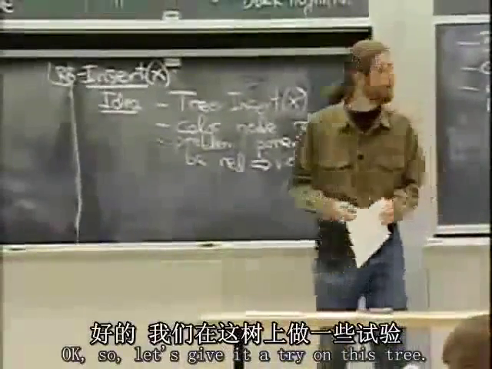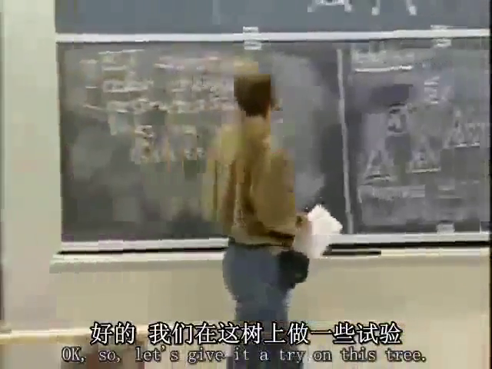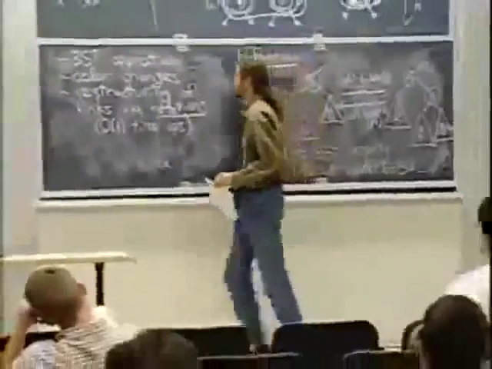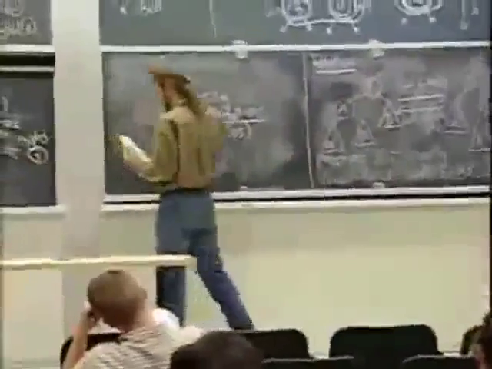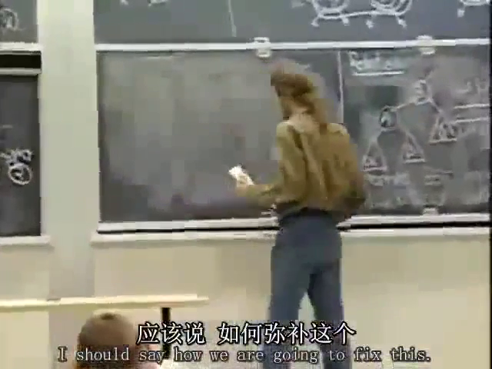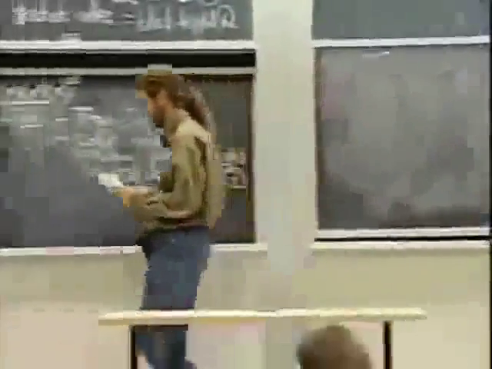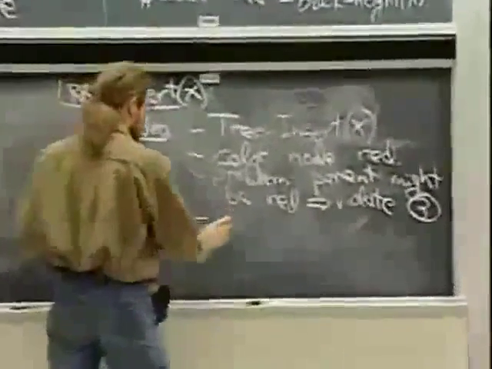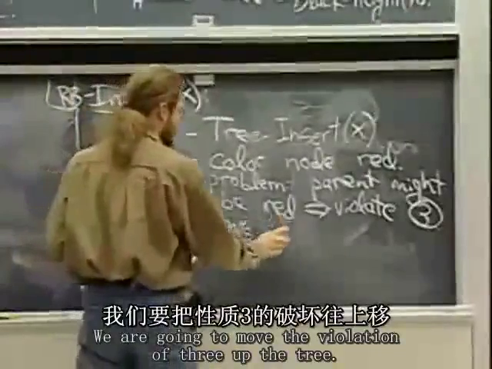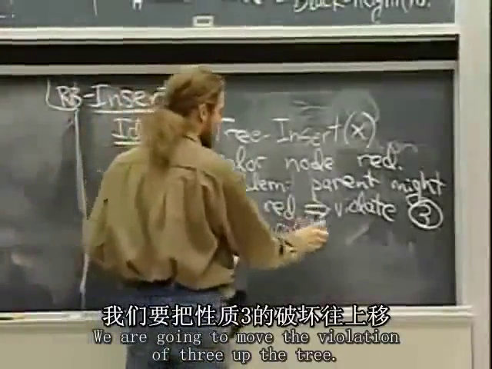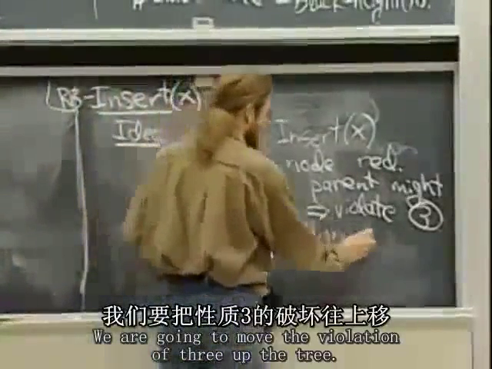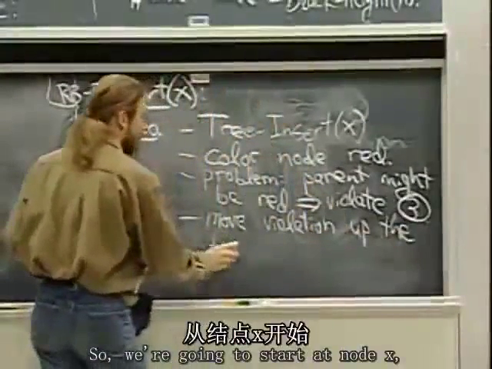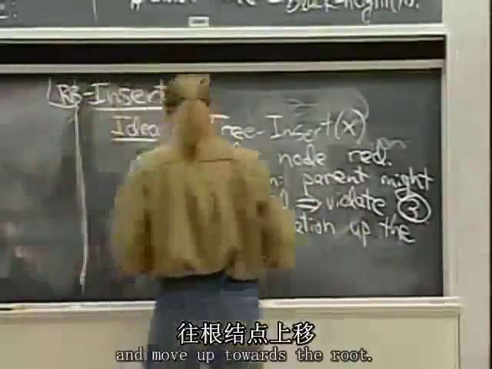So let's give it a try on this tree. I should say how we're going to fix this. How do we fix property 3? We're going to move the violation of 3 up the tree. So we're going to start at node X and move up towards the root.